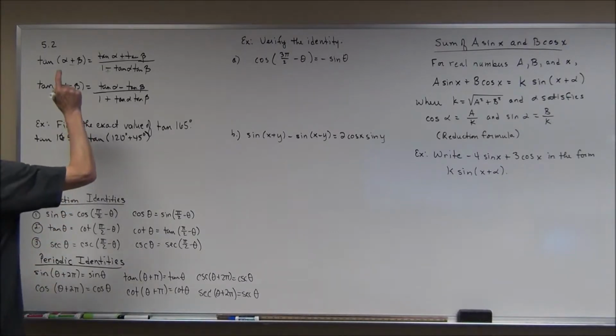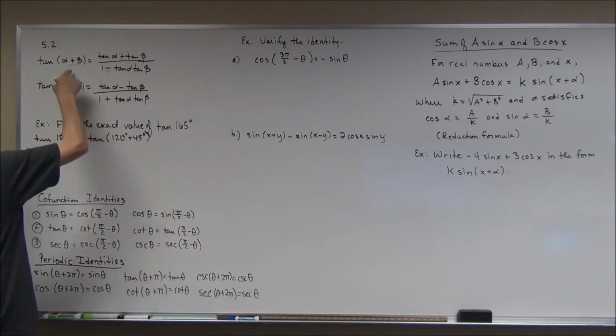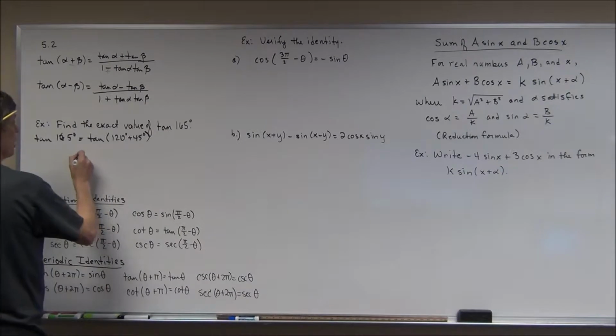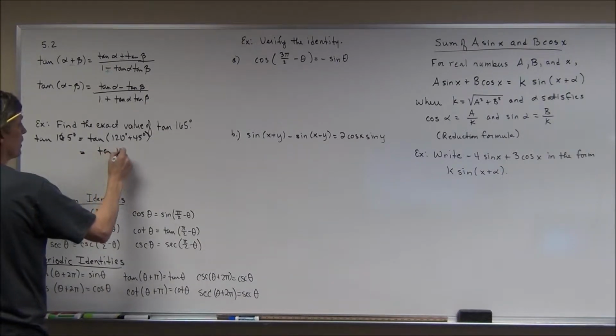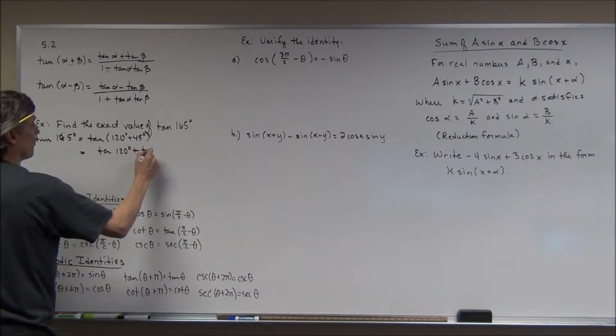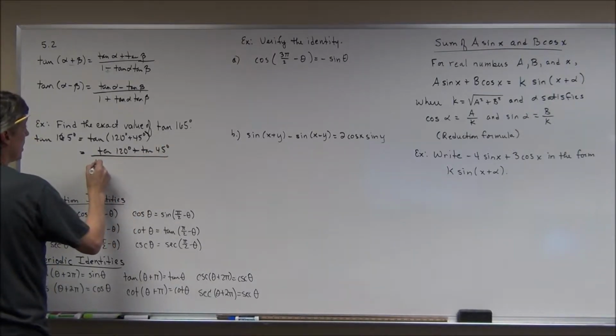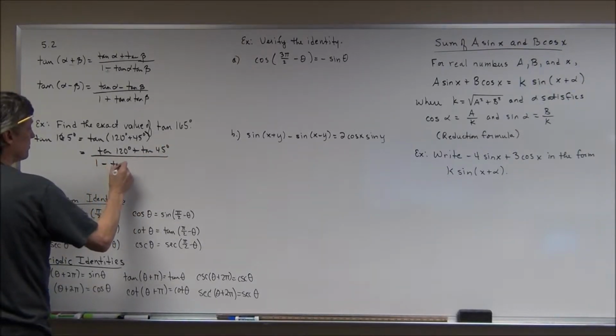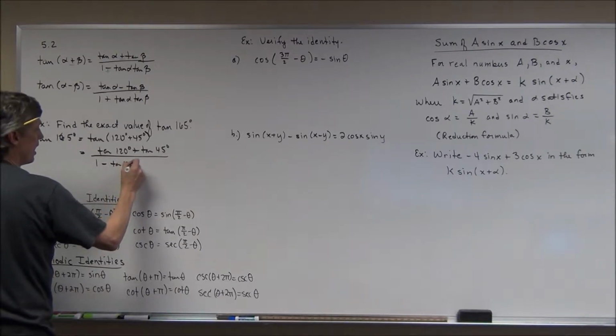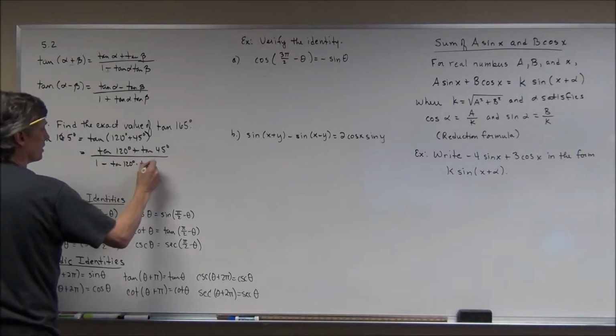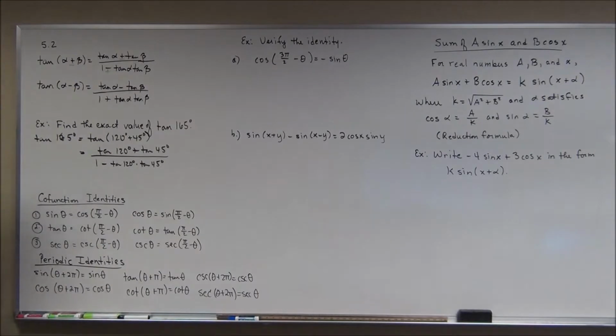Now, since it's a sum, this is going to equal the tangent of 120 degrees plus the tangent of 45 degrees all over 1 minus the tangent of 120 degrees times the tangent of 45 degrees. Now, this is a little bit messier to simplify because you're going to have some radicals in the numerator and the denominator.